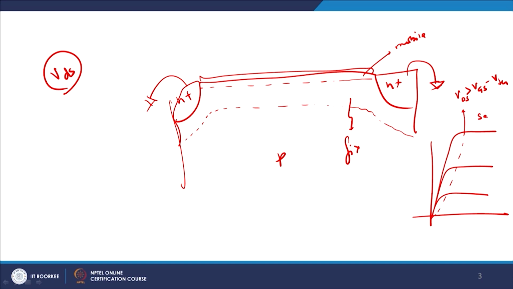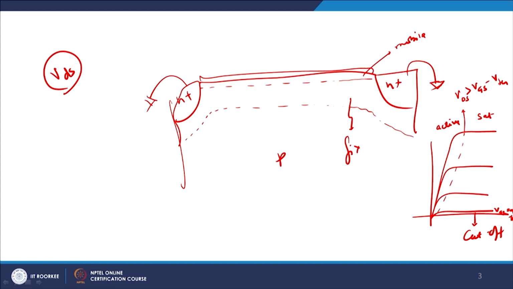This was saturation, this was active, and this was cutoff. Whenever my VGS equals 0 or equals threshold voltage, we define the lower value to be cutoff. So, VGS equals VTH is cutoff.